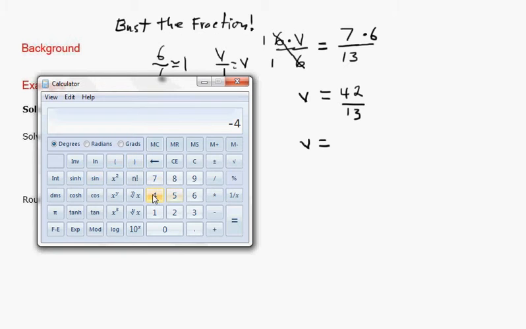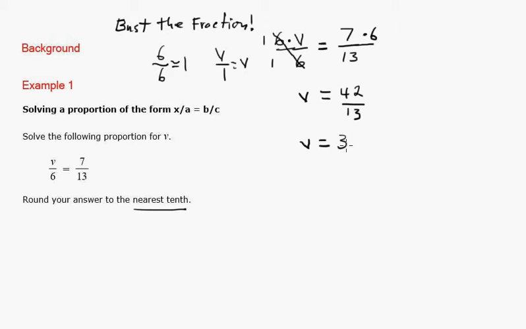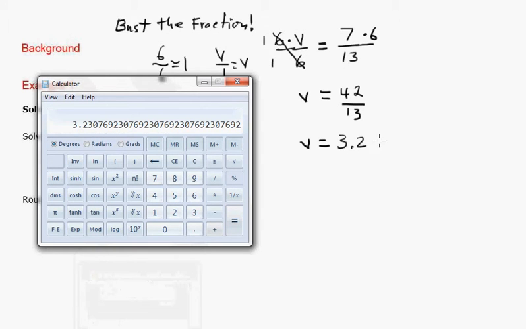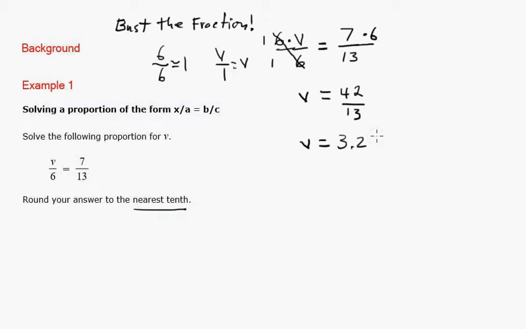Clear, 102 divided by 13. That's going to be 3.2307 or 08. I could keep writing, but we want the nearest tenth.